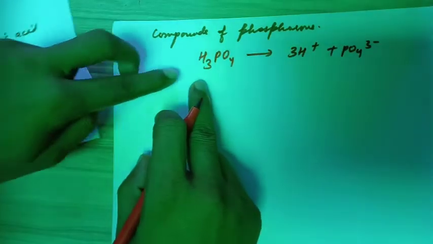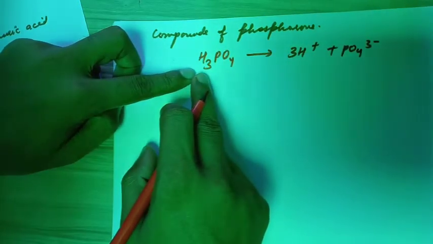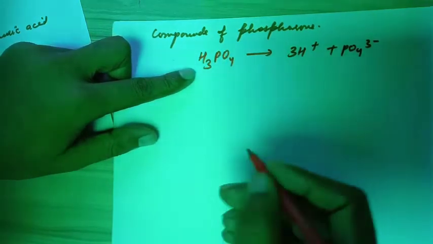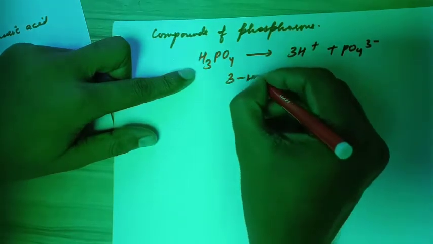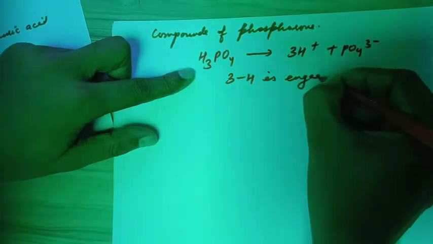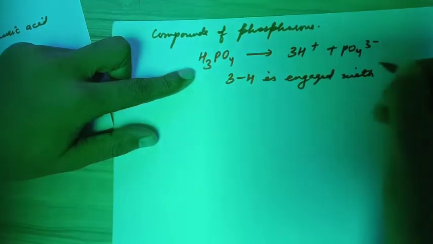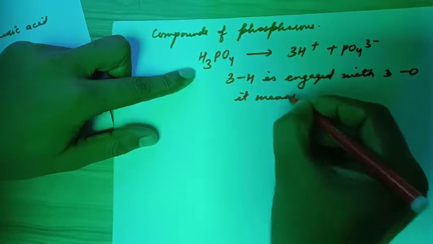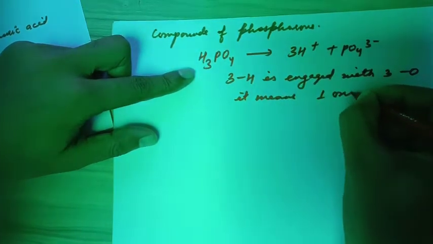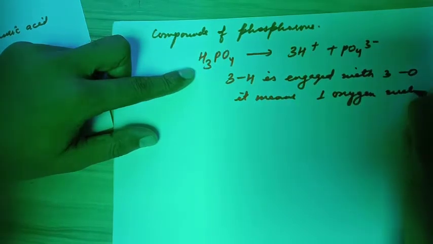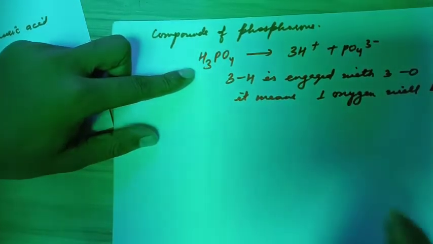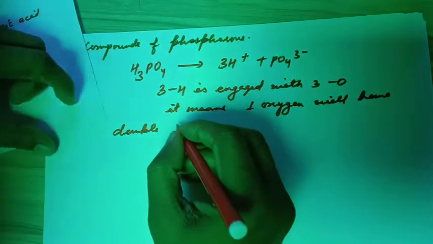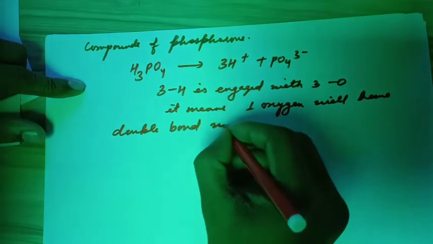Here phosphate has 3 hydrogen, so 3 oxygen will be engaged with 3 hydrogen and there will be 1 double bond. So 3 hydrogen is engaged with 3 oxygen. It means 1 oxygen will have a double bond with phosphorus.